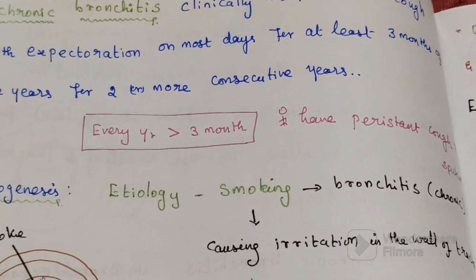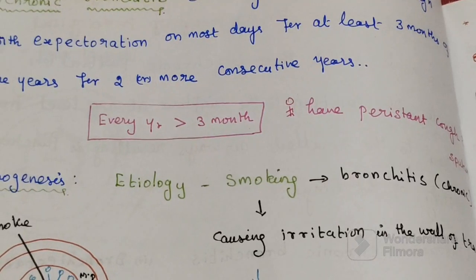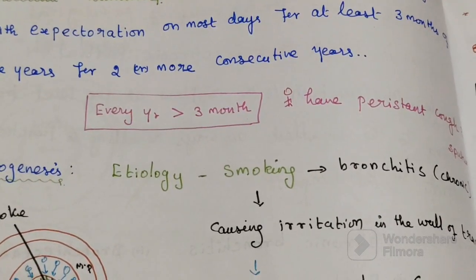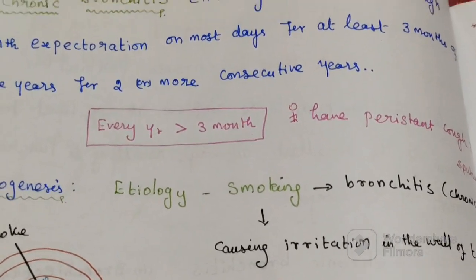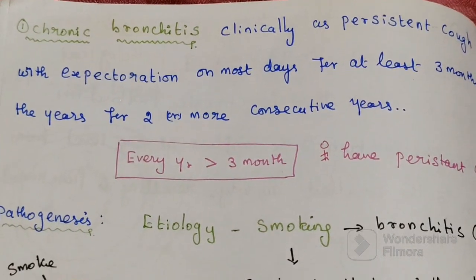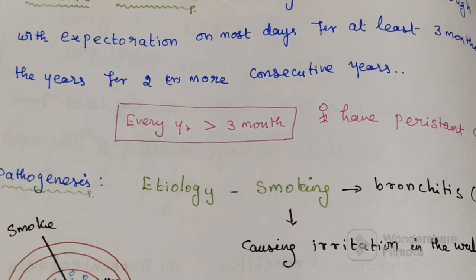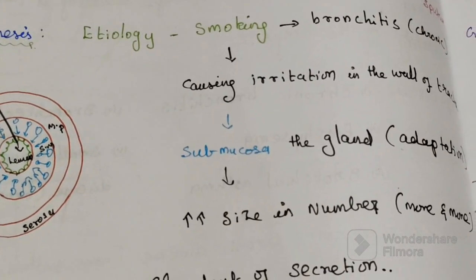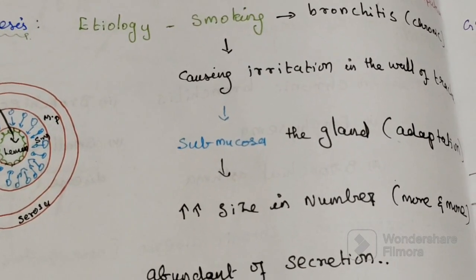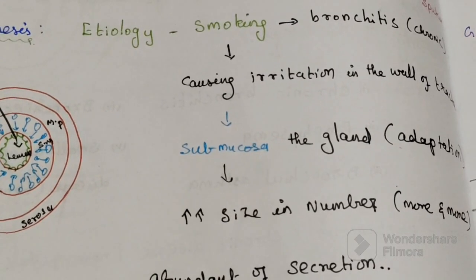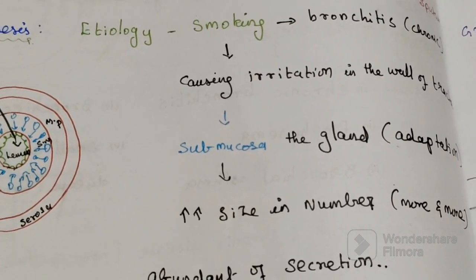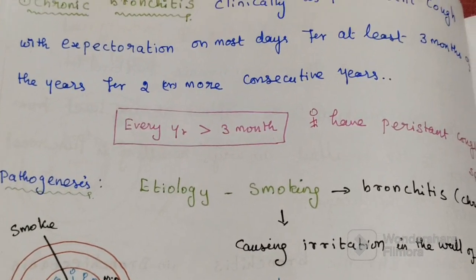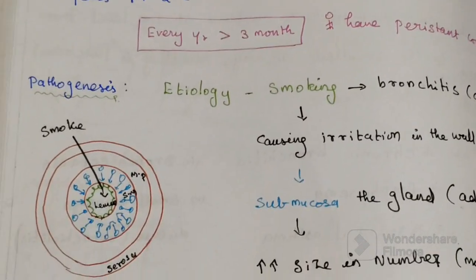This is known as chronic bronchitis. It usually occurs in males, 40 to 50 years of age. So this is the general definition of chronic bronchitis.